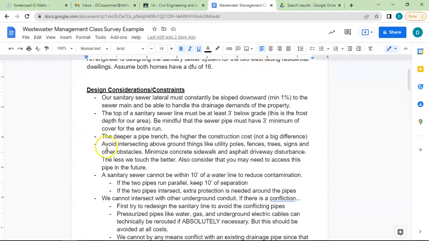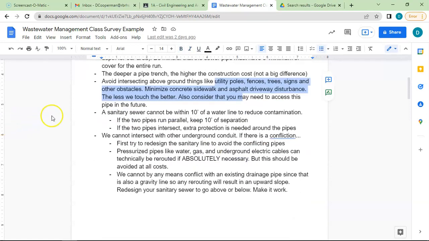Other general things to note, you should avoid disturbing as much as possible, but of course, a lot of times that's inevitable. Sanitary sewers should be avoided from getting too close to a water line. But if that's unavoidable, sometimes it is, you have to just add some coverage.